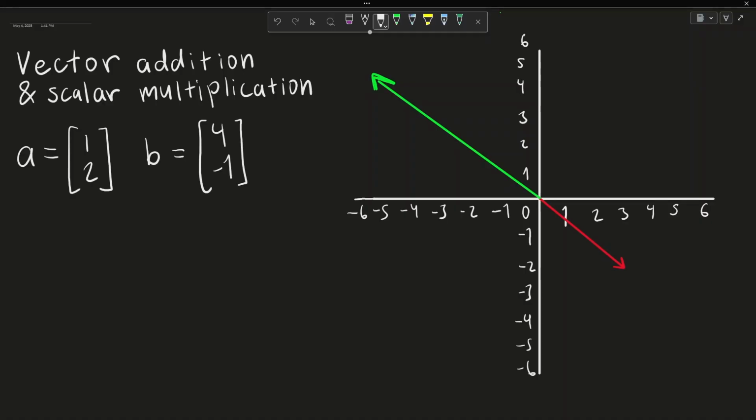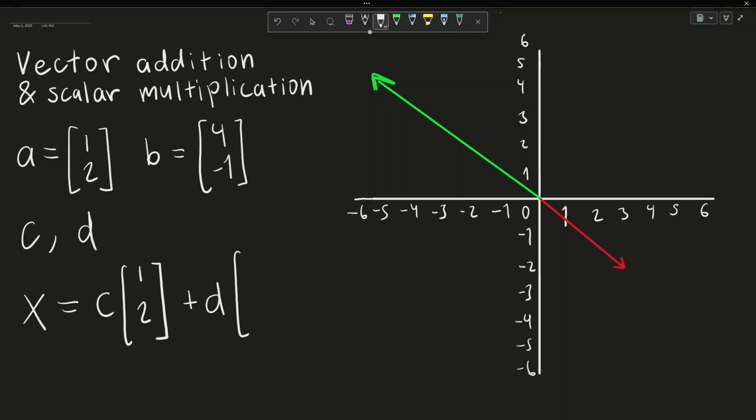A linear combination is every possible way we can add a and b while multiplying a and b by some scalar values, c and d. And so what this looks like algebraically is we'll find some vector x, which is equal to c times a, so c times 1, 2, plus d times b, so plus d times 4, -1.